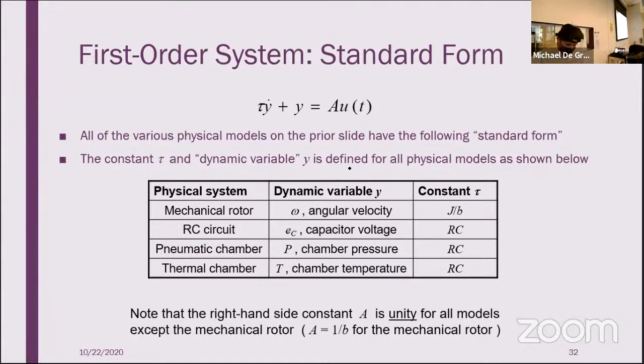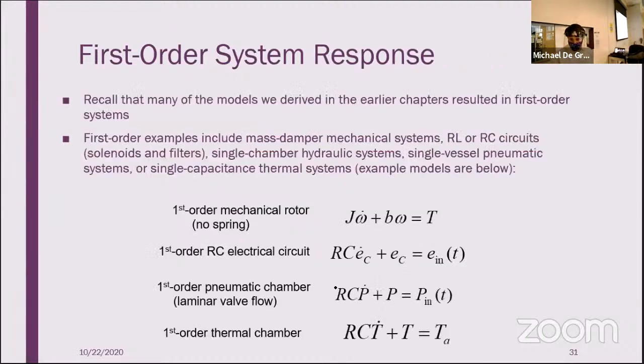Okay? So let's go back and look at these models again. If we're putting this into the standard form, tau omega dot plus omega is equal to A times T, well, in order to get this in this form, I have to divide everything by B. For the rest of them, notice my dynamic variable is already clear, right?